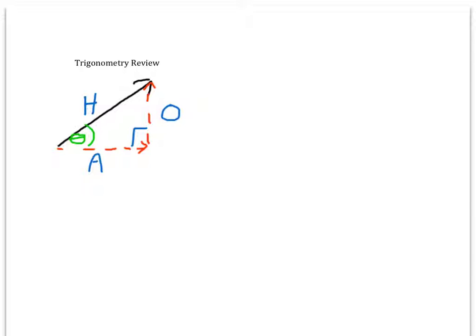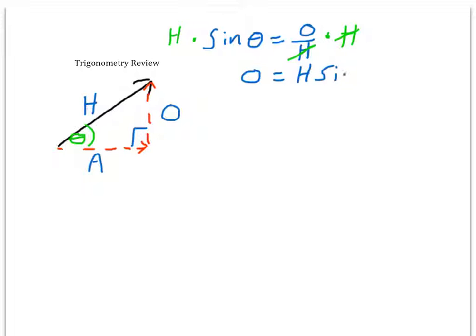Since the sine of the angle equals opposite over hypotenuse, if I multiply both sides by the hypotenuse, you notice that that's going to cancel with that, and what I end up with is that the opposite side equals the hypotenuse times the sine of the angle.